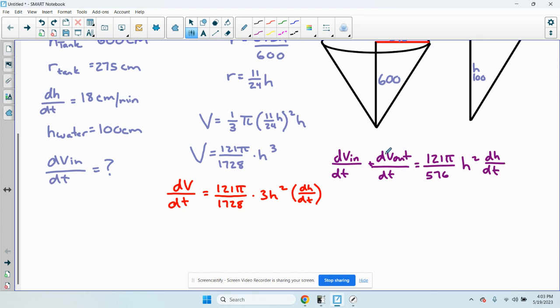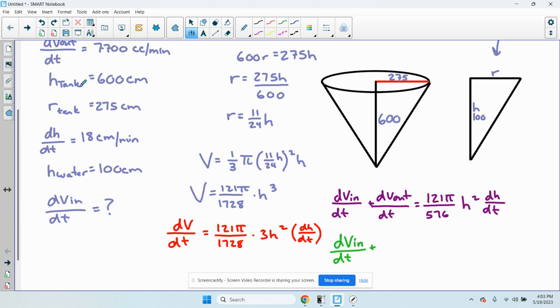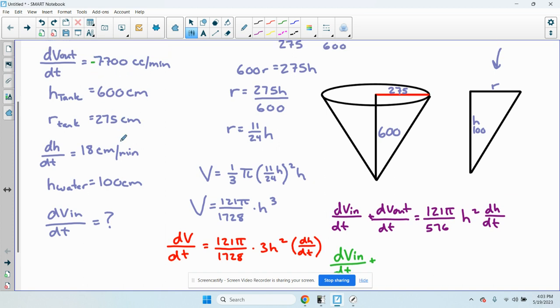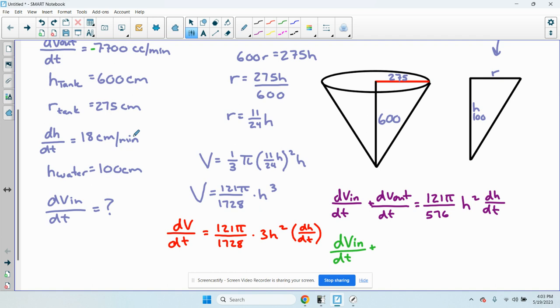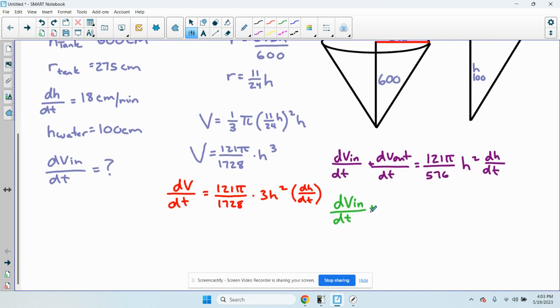Now we have everything we need except for dv in. So let's rewrite this again. dv in is what we're looking for. dv out. Oh, this is negative, sorry. Negative 7,700 equals 121 pi over 576.